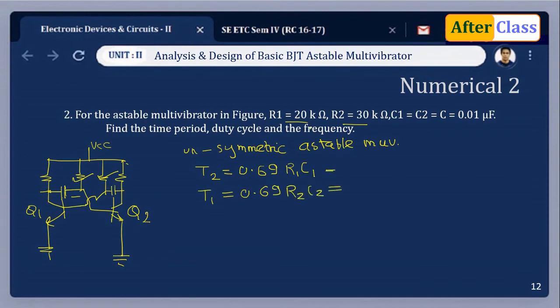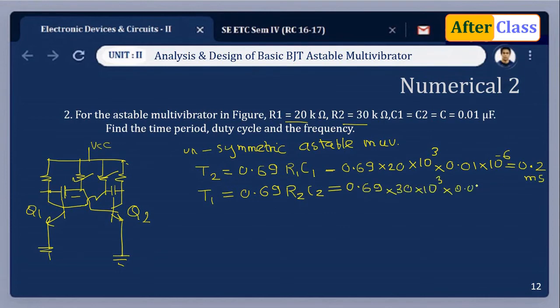Now we are going to substitute the values of R1 and R2 accordingly. So it is 0.69 into 20 into 10 to the power 3 into 0.01 into 10 to the power minus 6. This value is 0.2 milliseconds, and here 0.69 into 30 into 10 to the power 3 into 0.01 into 10 to the power minus 6 equals 0.138 milliseconds.